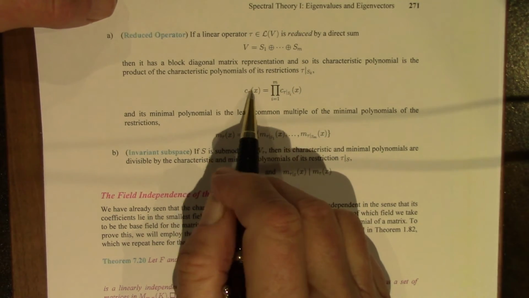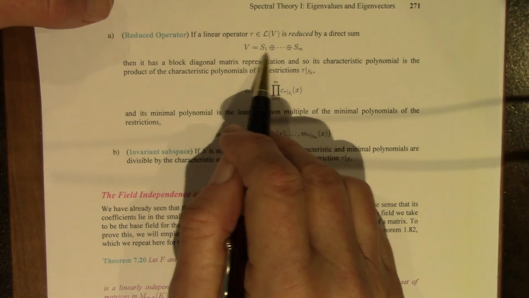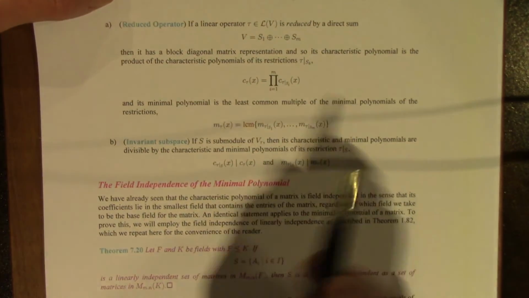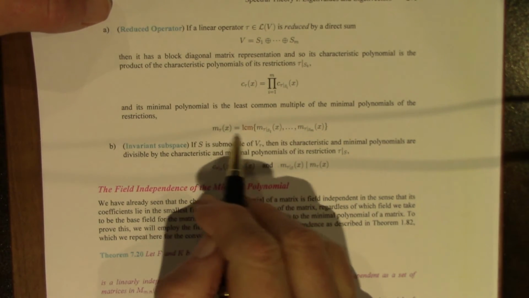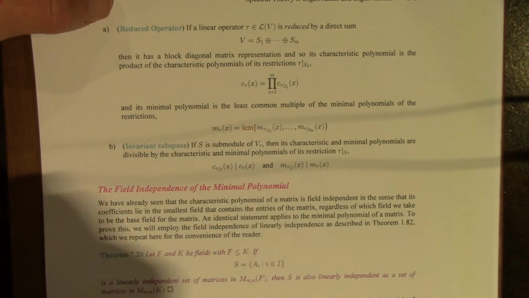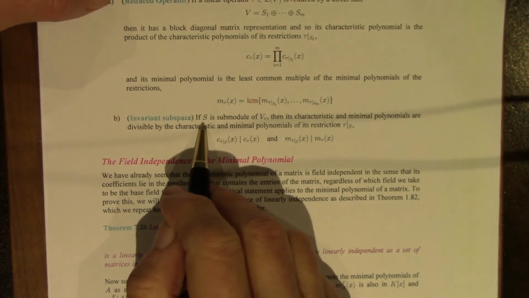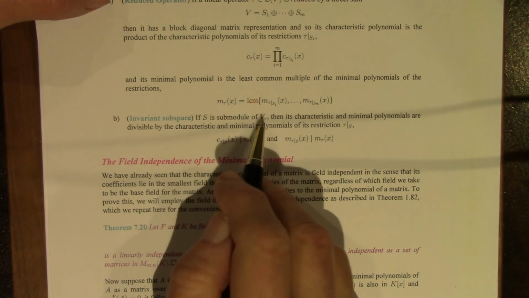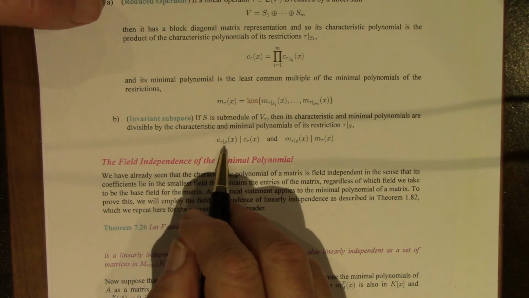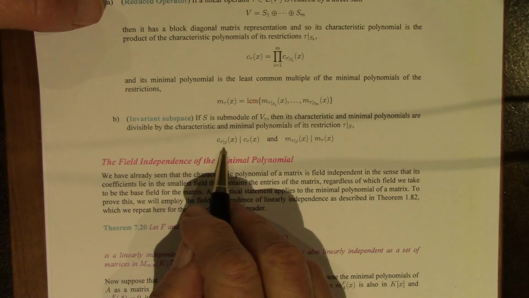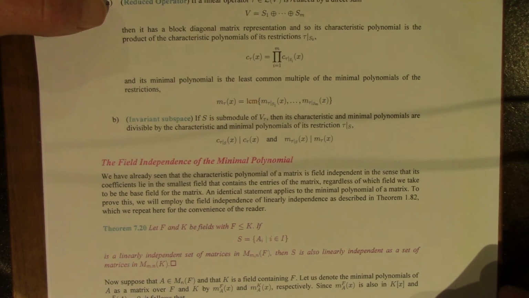Then the characteristic polynomial of the operator is the product of the characteristic polynomials of the restricted operators, and the minimal polynomial is the least common multiple of the minimal polynomials. If all we have is a single tau invariant subspace or submodule, then what we can say is the characteristic polynomial of the restricted operator divides the full characteristic polynomial. Same thing for the minimal polynomial.